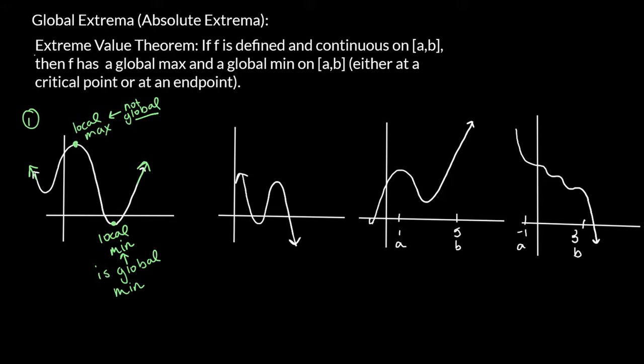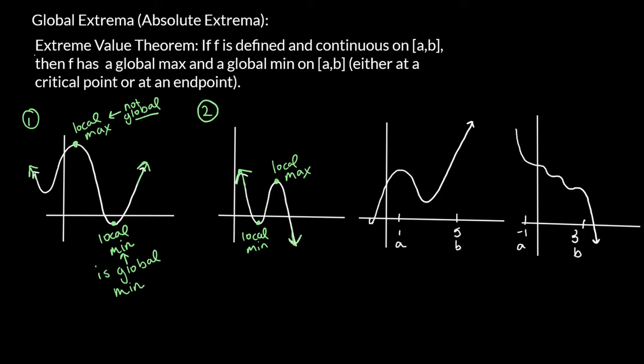On this second graph, if we look, here is a local min, and here's a local max. If we look at the ends of the graph, here the graph is increasing and decreasing.